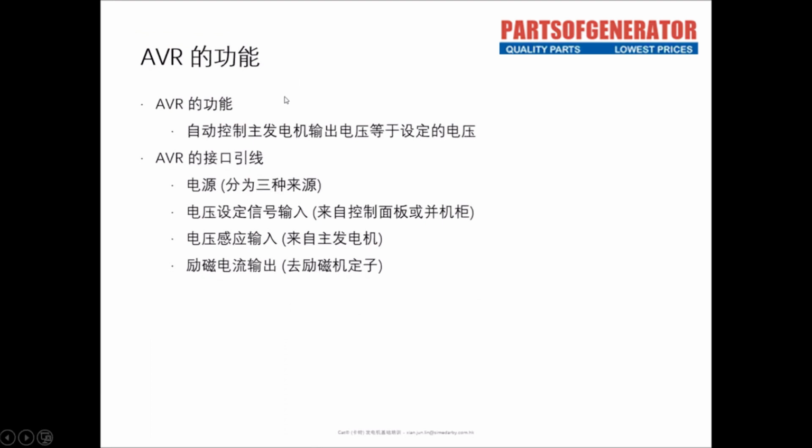Then the internally excited and permanent magnet generators have automatic voltage regulators, AVR, that can withstand 3 times the short circuit current for 10 seconds. Some dialects may say that it is a voltage stabilizer. In fact, this is also true.